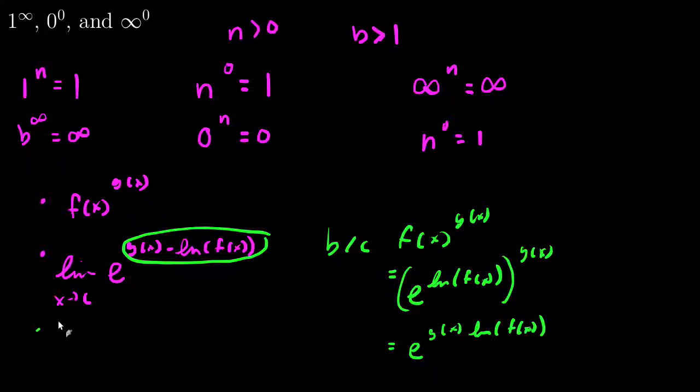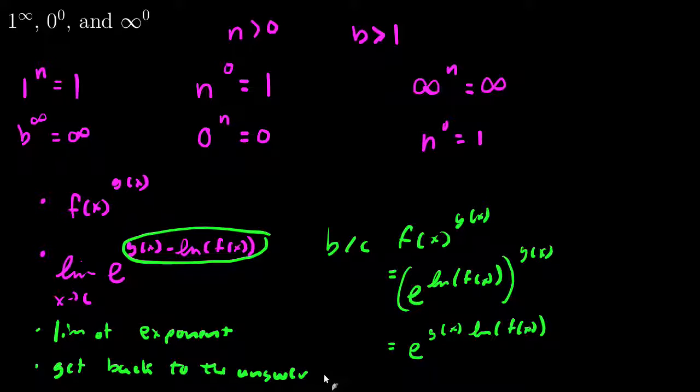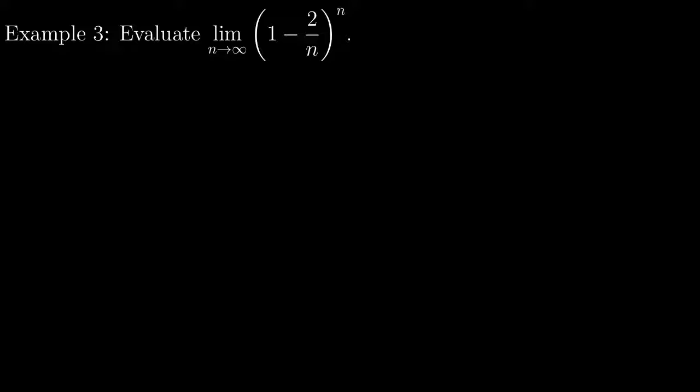So do the limit of the exponent. And the last part, which is just a little trick, make sure you get back to your answer. This is going to give you the exponent's limit, but the answer was now a power of e. So let's see an example here.